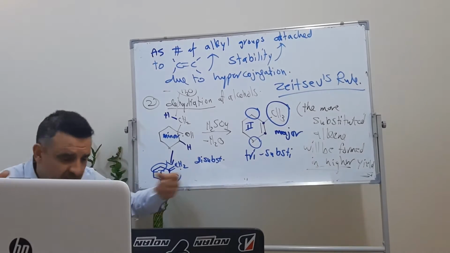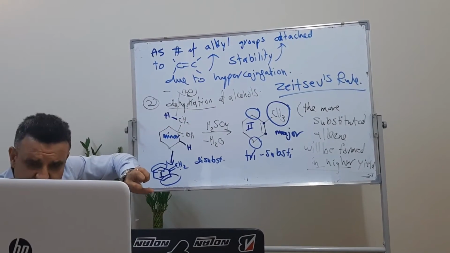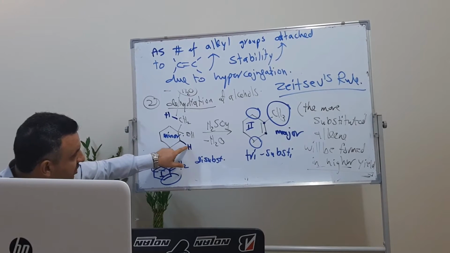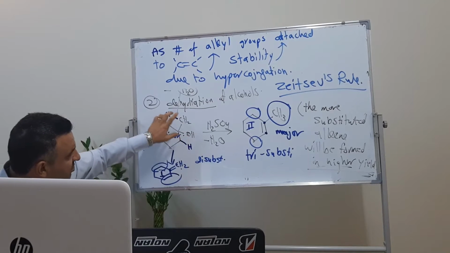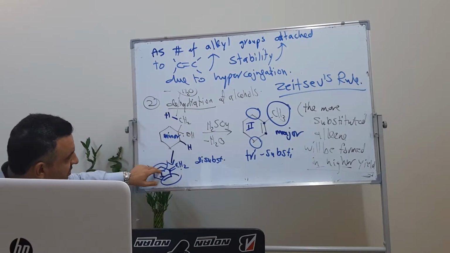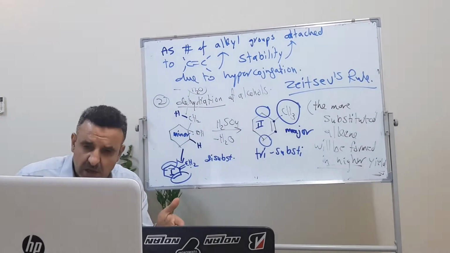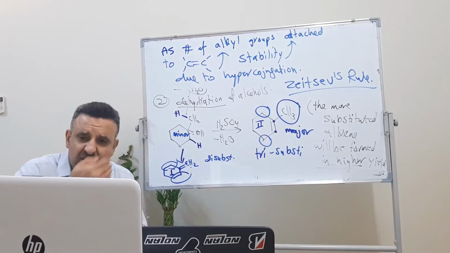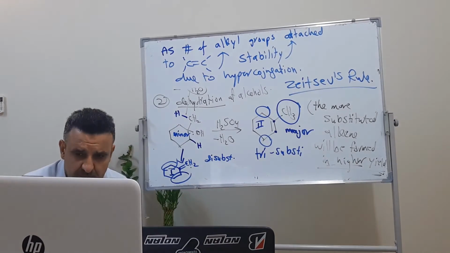Here this OH will be eliminated from this carbon, so you need another hydrogen to be eliminated. It's either this hydrogen to produce the major product or that hydrogen to produce the minor product. When we eliminate the OH and the hydrogen, there will be formation of a carbon-carbon double bond. Do you follow me?